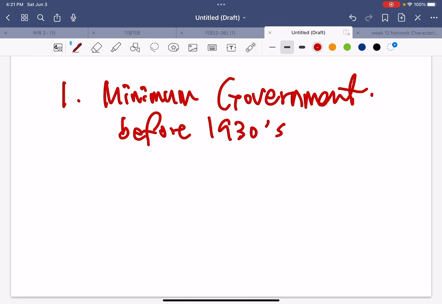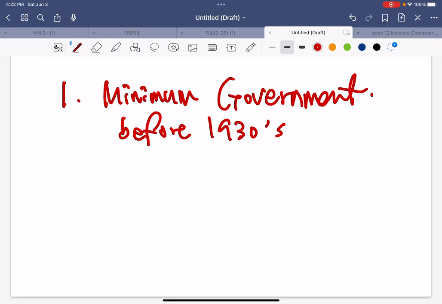But the minimum government failed to achieve its goal. Why? As we learned, due to a variety of market failures, the minimum government did not work. And as a result of the failures of the minimum government, market failures, people experienced the Great Depression, right?